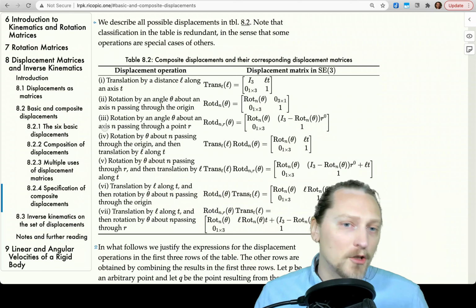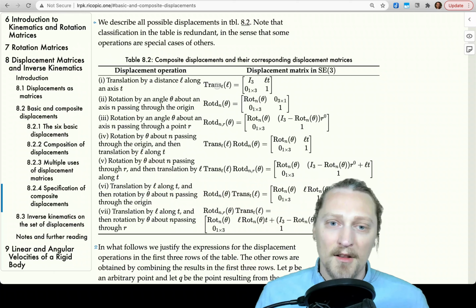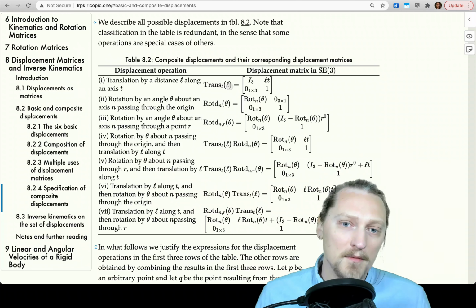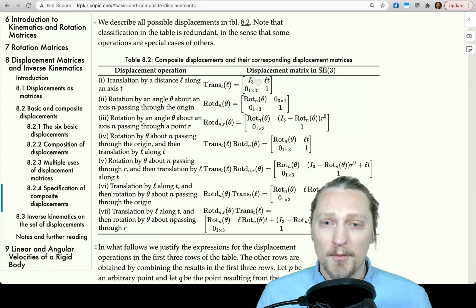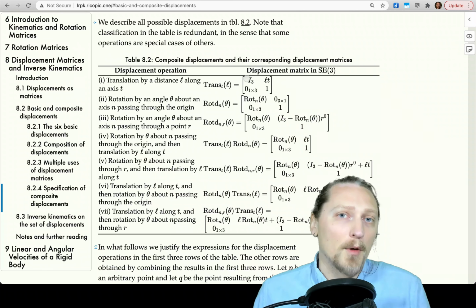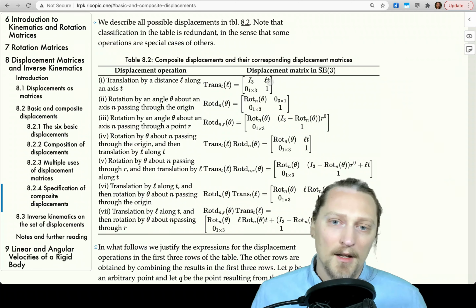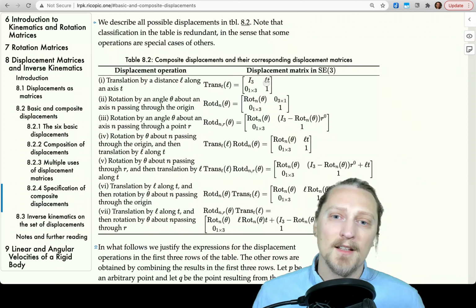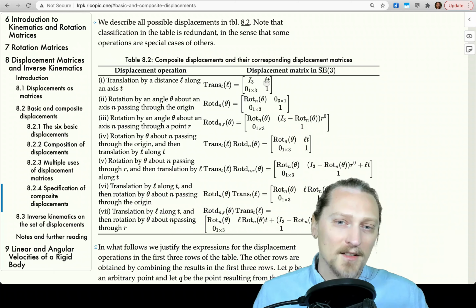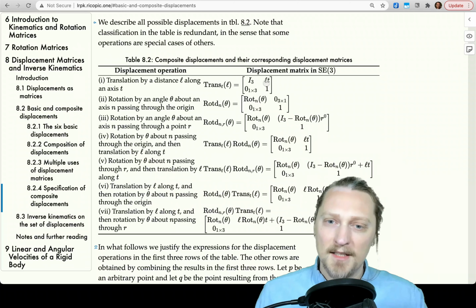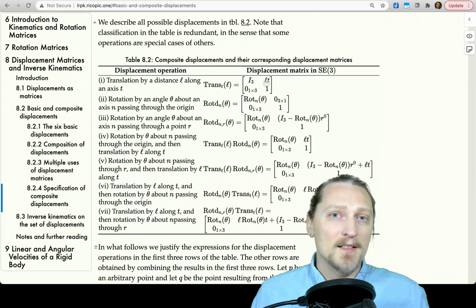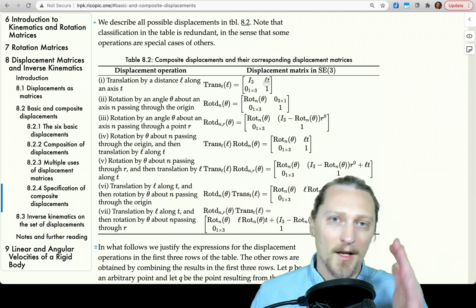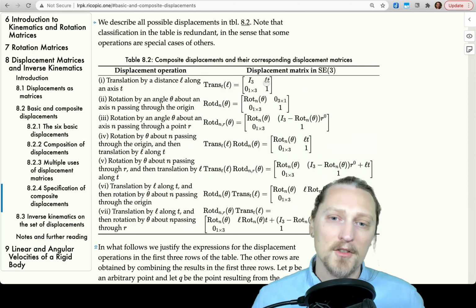So when you're just translating by a distance L along an axis T, you're not rotating, then you just have this. We've named this special displacement array, which has the identity matrix for rotation, so no rotation at all, and we move L in the axis T. Axis T could be one of the principal axes X, Y, Z, but it also could be some combination thereof.